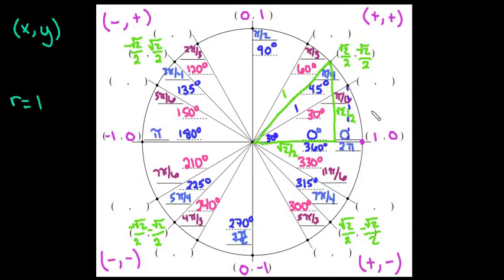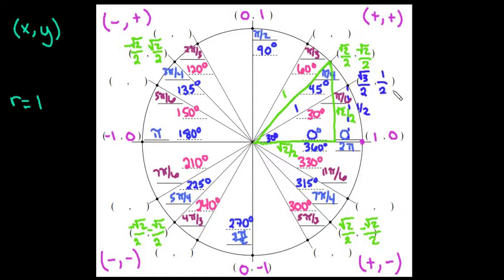But if this is 1, the height of this one is always going to be 1/2. And this side over here, I take the 1/2 and multiply it by the square root of 3. So this side ends up being the square root of 3 over 2.